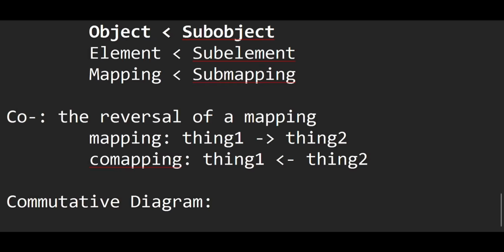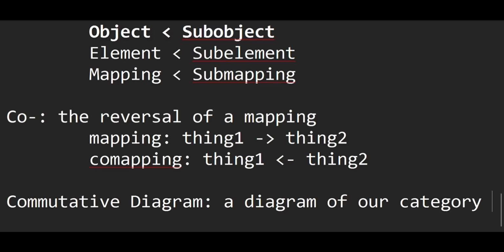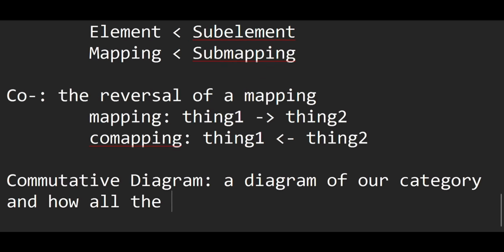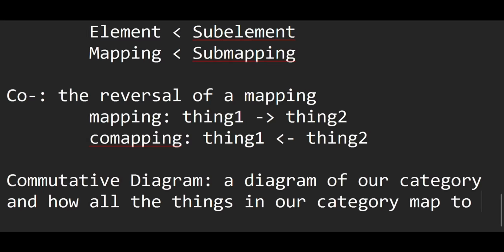A commutative diagram is a diagram of our category and how all the things in our category map to each other.